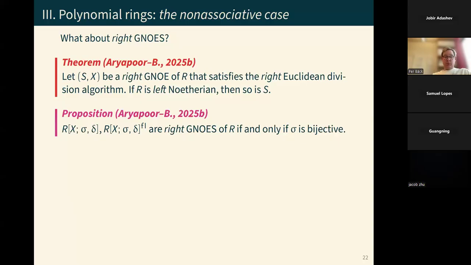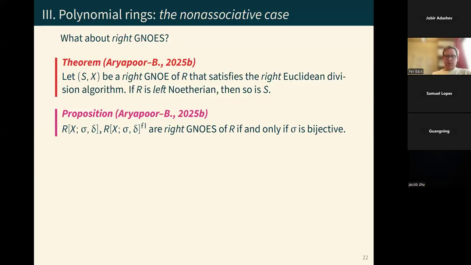So, for instance, these rings are also right GNOEs precisely when this sigma is bijective. And this tells you when you can also prove the other version of Hilbert's basis theorem. So you start with a left GNOE and you prove that it's right Noetherian, and then you also want to prove that it's left Noetherian. Well, then you try to show that it's also a right GNOE and that you can lift this left Noetherian property.